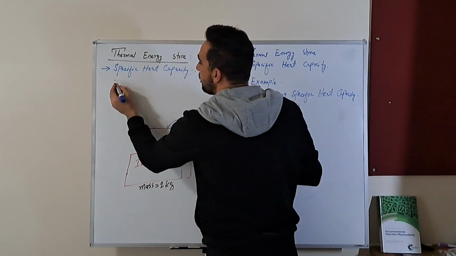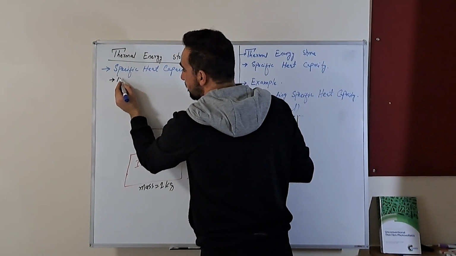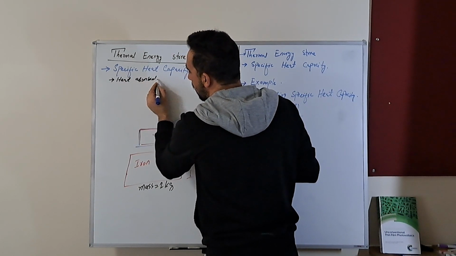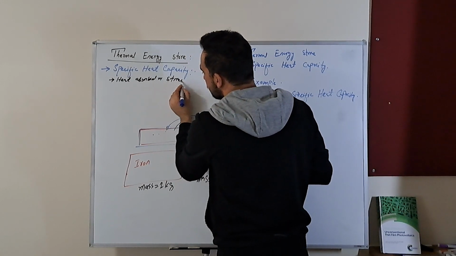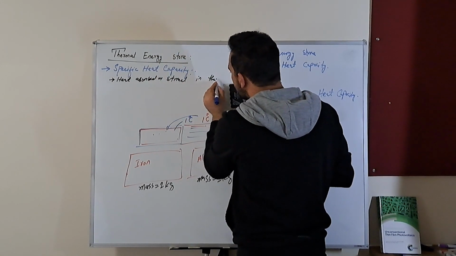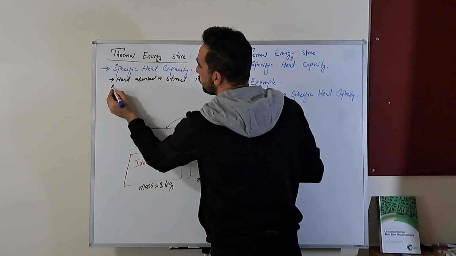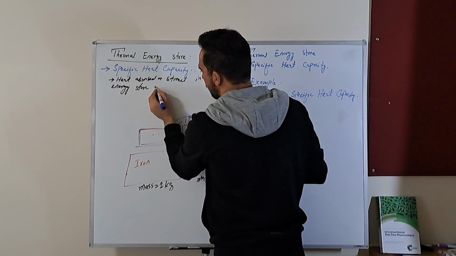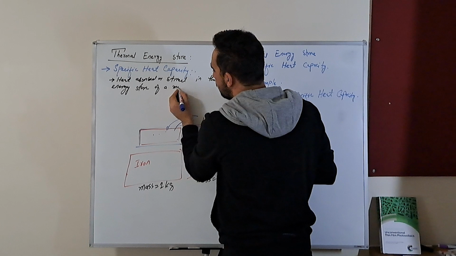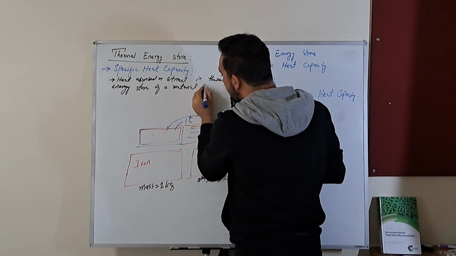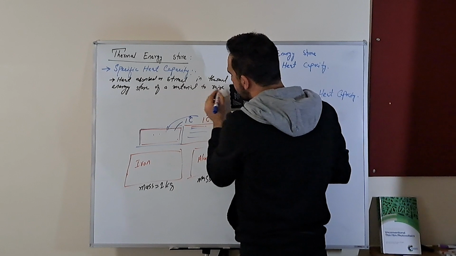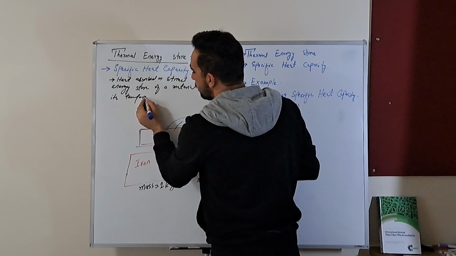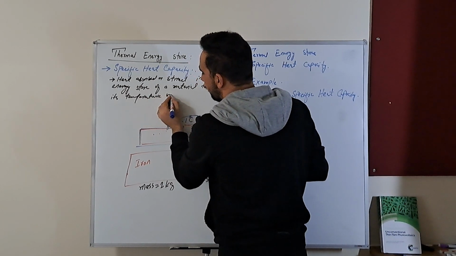That specific heat capacity is the heat absorbed or stored in the thermal energy store of a material to raise its temperature by 1 degree.